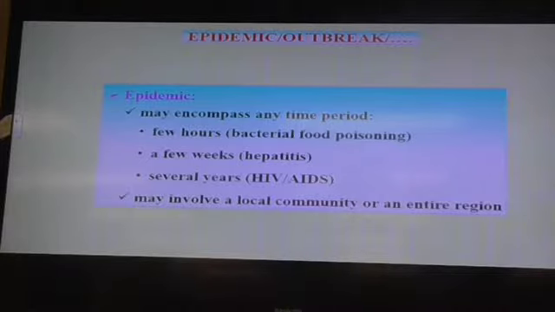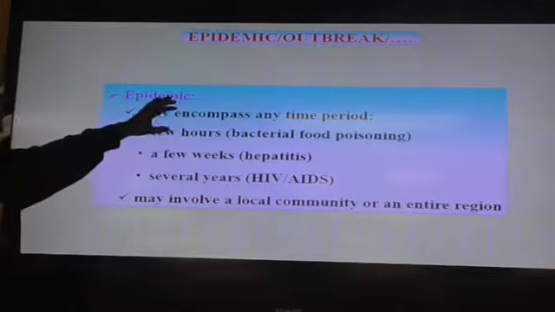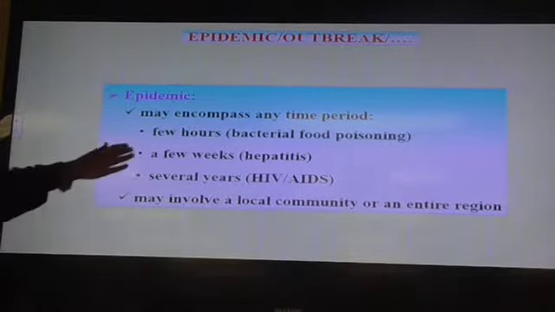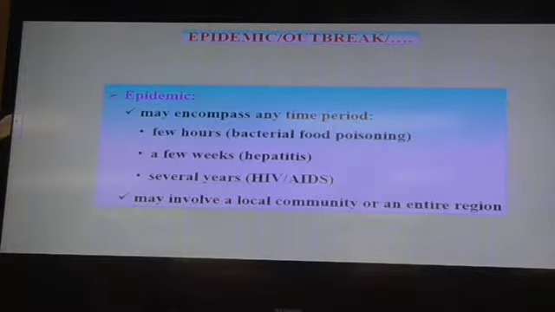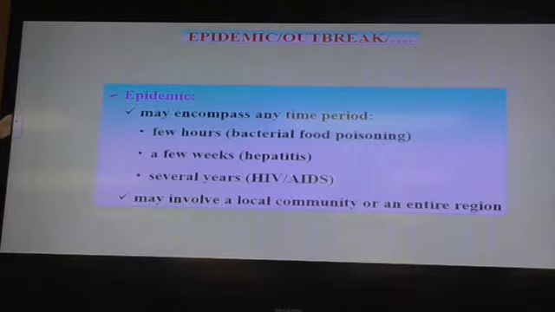In terms of time period, there is really no time limit for an epidemic. Sometimes you see an epidemic in a few hours, like food poisoning, for example, or an epidemic can occur over a few weeks, like hepatitis, but it can also occur over several years.